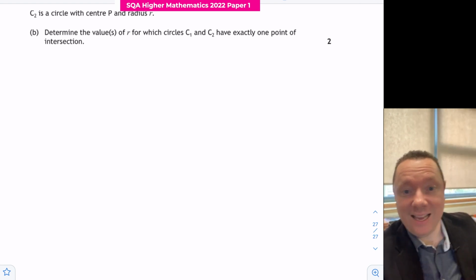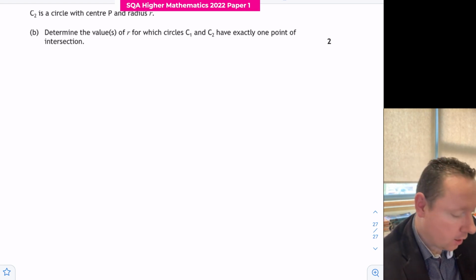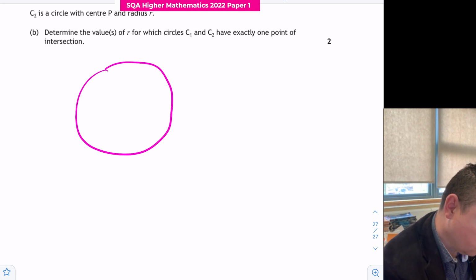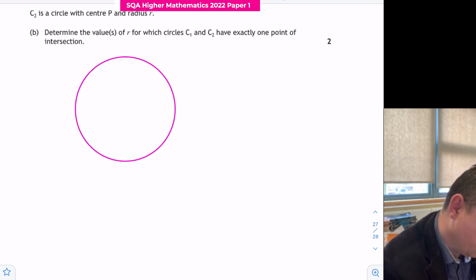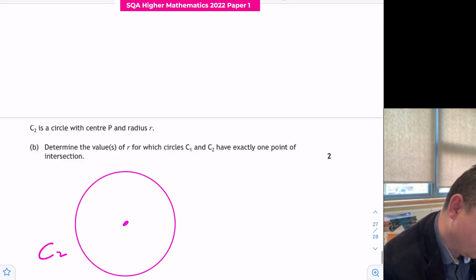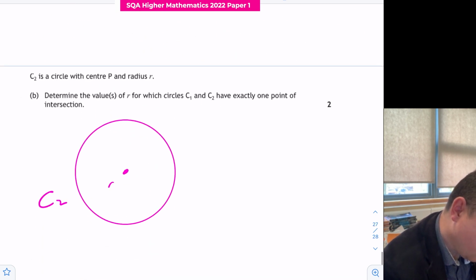Part B says that C2 is a circle with centre P and radius R. Determine the values of R for which C1 and C2 have exactly 1 point of intersection. So you've got 2 options. If I draw a circle here, we'll call this C2, and its centre is P, which, if we remind ourselves, was (minus 2, 7). And then we've got our first circle, let's call it C1.